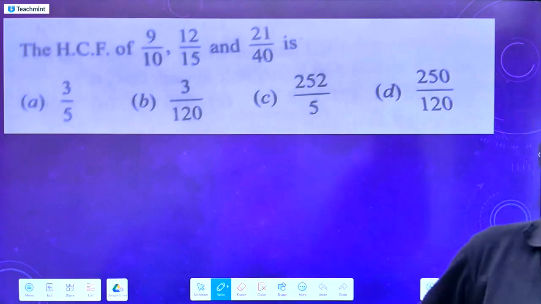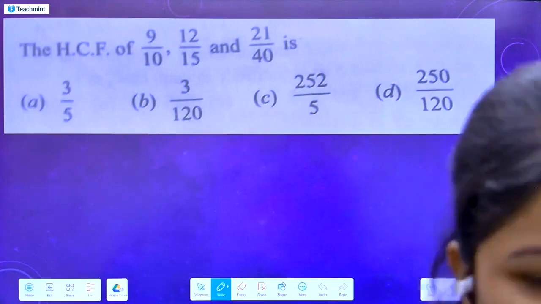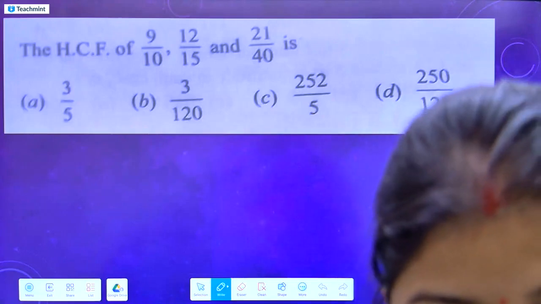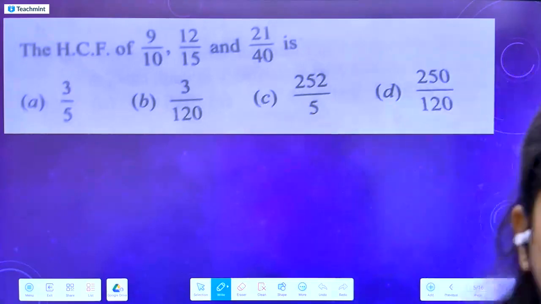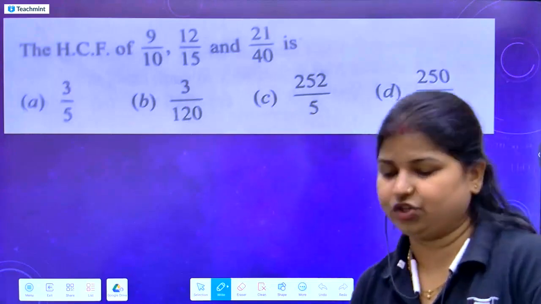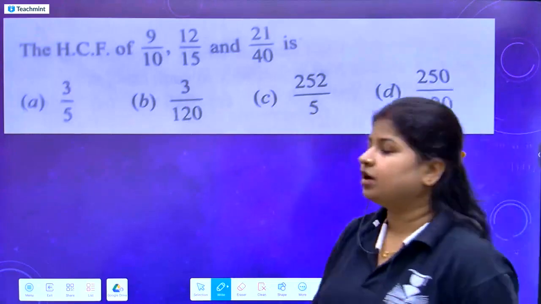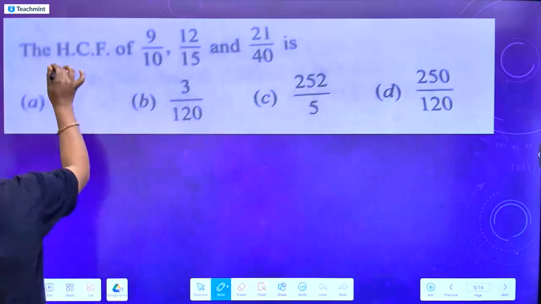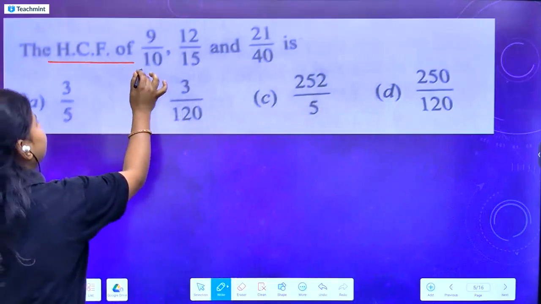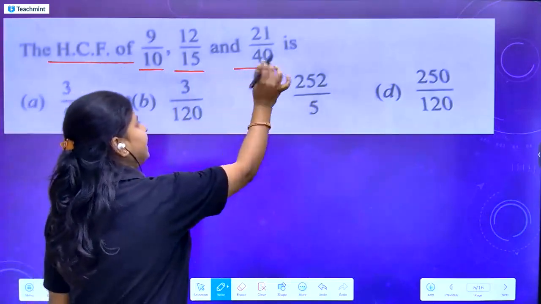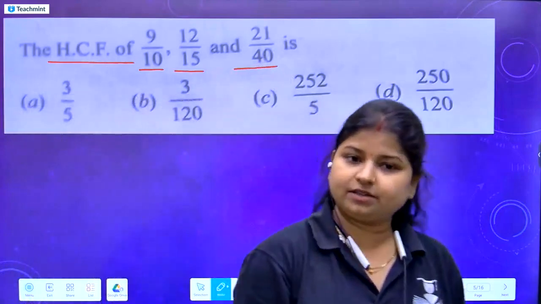Okay, see how we will do it. Let's learn. Ma'am, I did not understand. Okay, beta, no issues. We will learn. So we are asked HCF of 9 by 10, 12 by 15, and 21 by 40. Right?